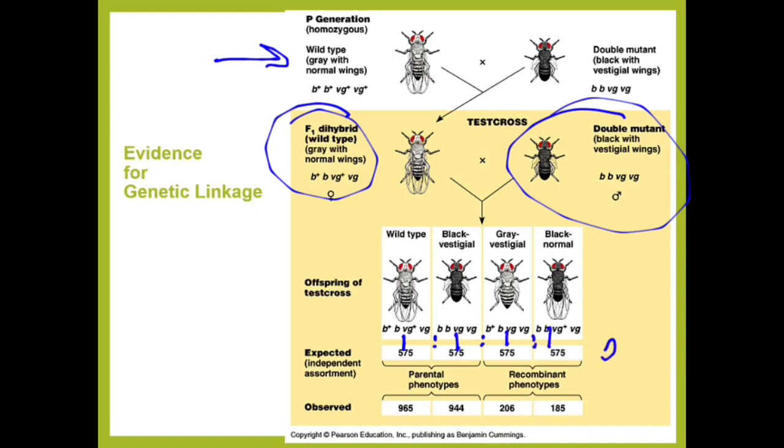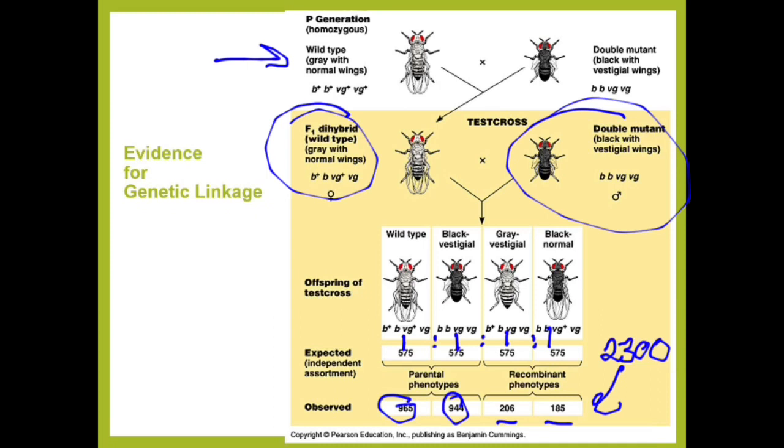If I've got 2,300 offspring, in this case, I would have expected to see equal numbers of all 4 of them. But if we look down here, I have more of the parental offspring with only some of the other phenotypes.